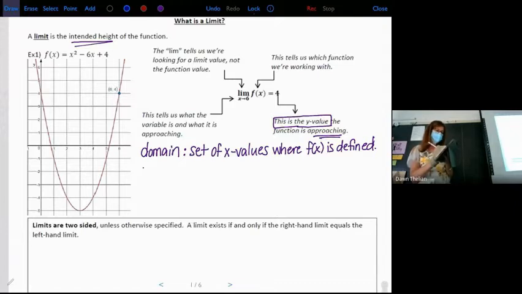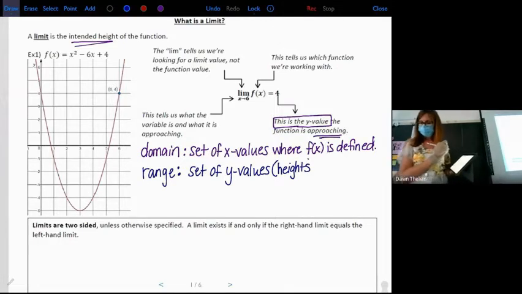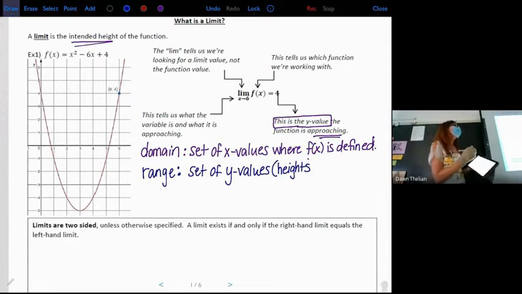And then the range is going to be your set of y values, or in other words, the heights that you achieve. The range is the y values. These y values are going to be your solution.